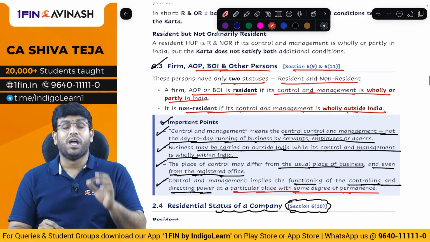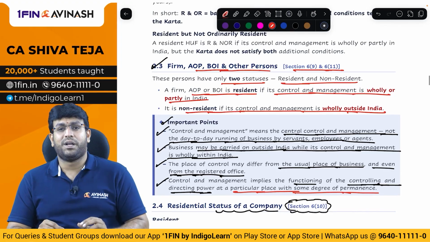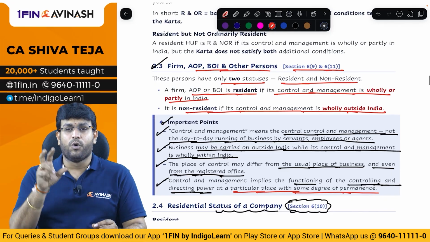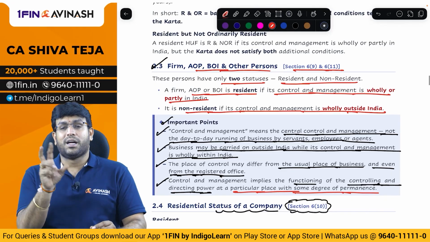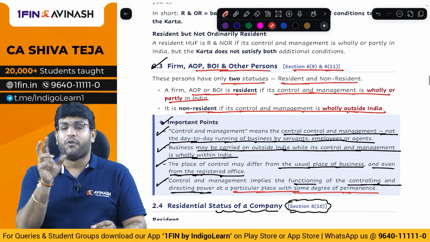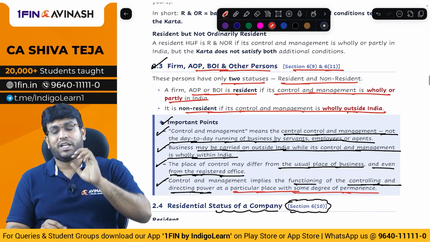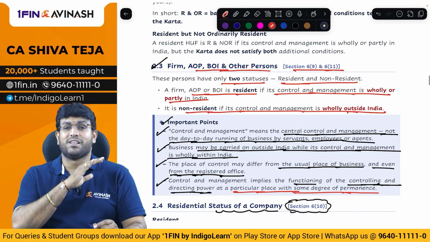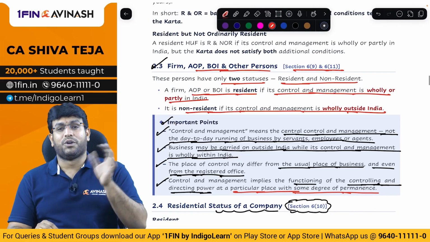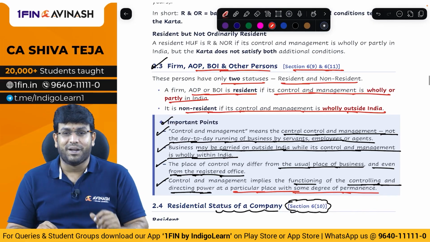POEM stands for Place of Effective Management. Generally for HUF, firm, AOP, we are looking at the word known as control and management. But in case of foreign company, the language used is POEM, which stands for Place of Effective Management. So this is a quick revision of all the concepts we have discussed. Shall we proceed, my dear friends?